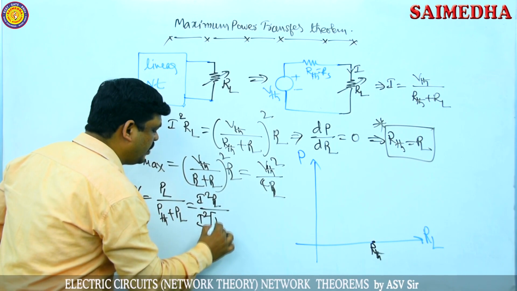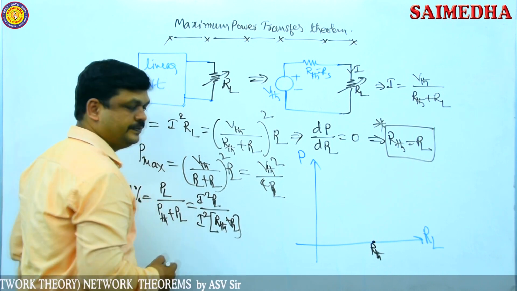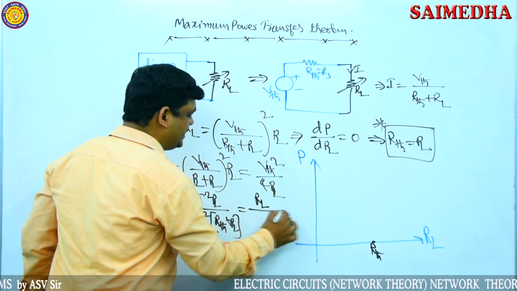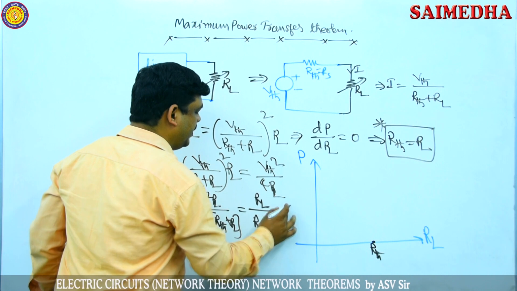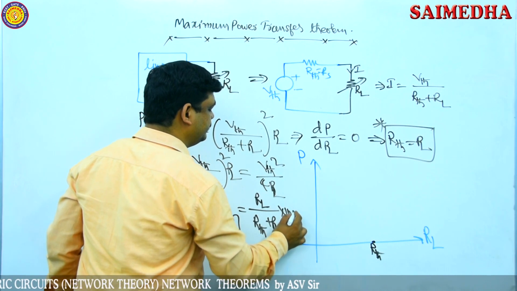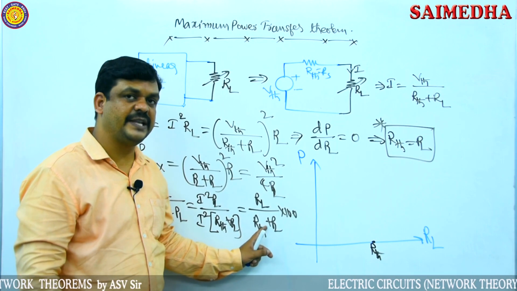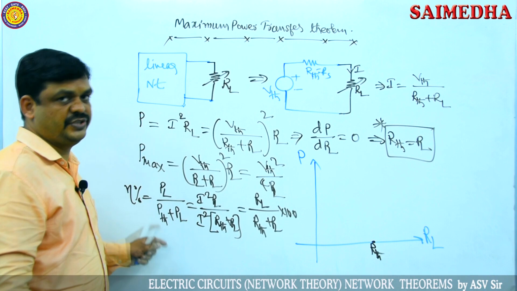Taking I square common, it becomes R Thevenin plus RL. Then finally the equation is load resistance by Thevenin's resistance plus RL, into 100. This is the standard equation of efficiency.